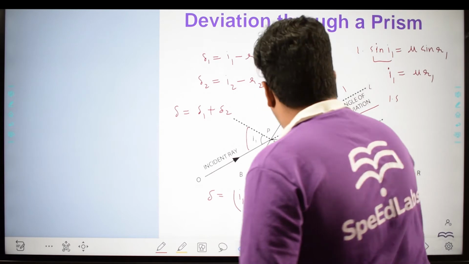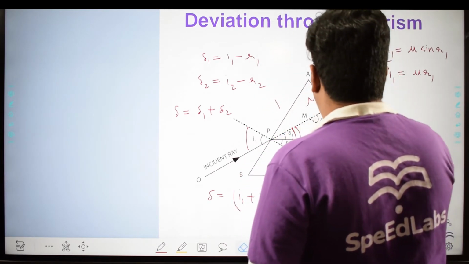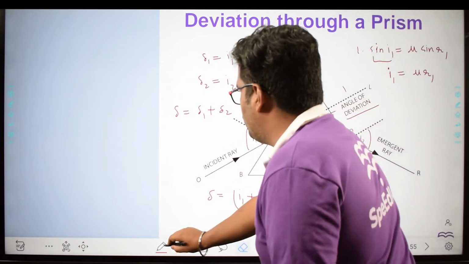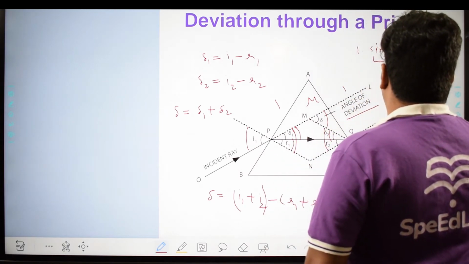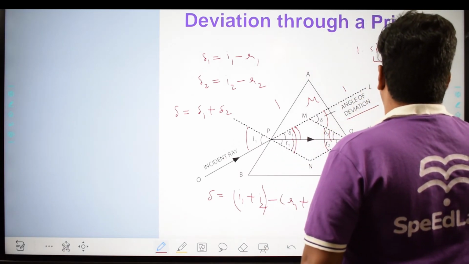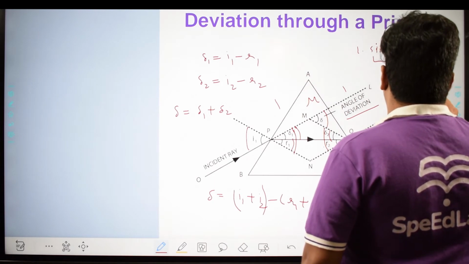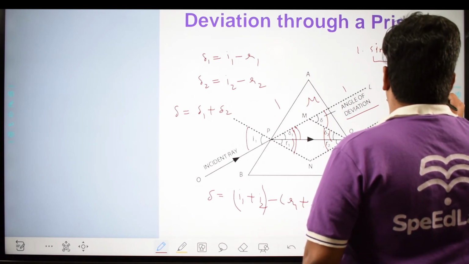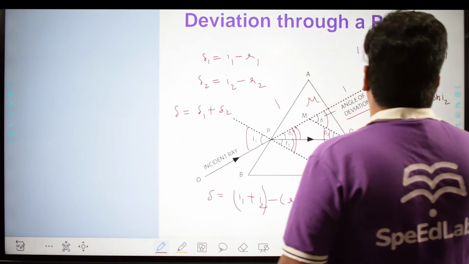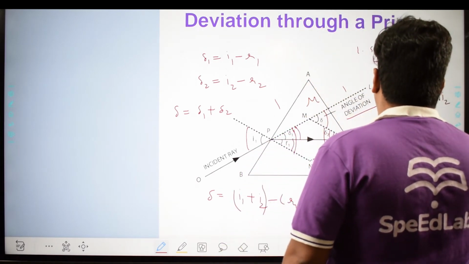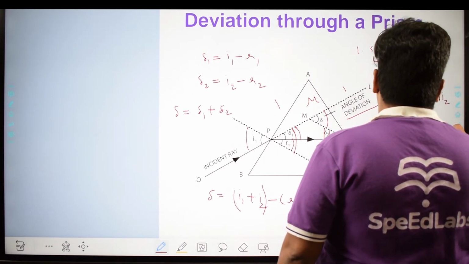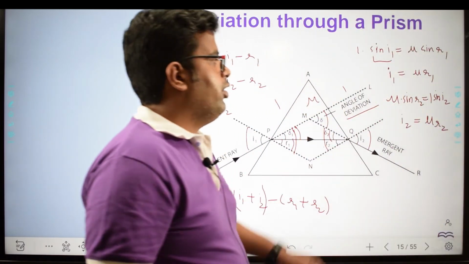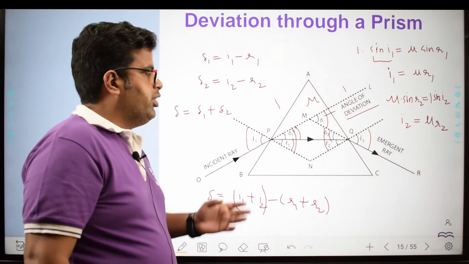Because the refractive index inside is mu, we'll have mu into sine of R2, and that is equal to 1 into sine of I2. Again, when the angles are very small, sine theta can be taken as theta. So we'll have I2 equal to mu times R2. So we have the value of I1 and the value of I2, that is mu R1 and mu R2.